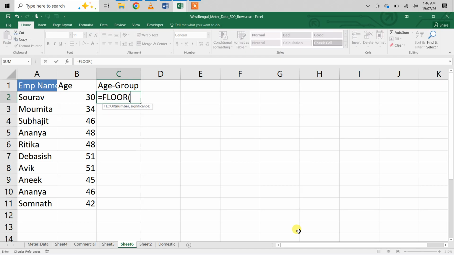What FLOOR does is that it takes the value of 30 and rounds it to the significance 10, that is B2, 10.